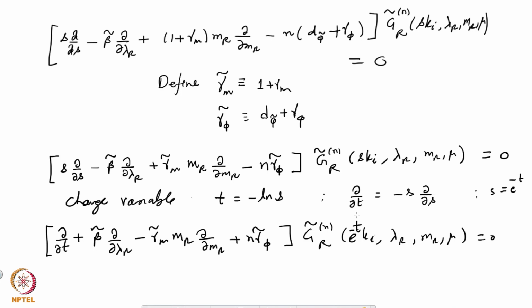Now let's search for the solution, and for that I am going to introduce two new quantities, which are called running coupling constant or effective coupling constant, and running mass or effective mass. Let us carry this equation to the next page so that we know what we are trying to solve.